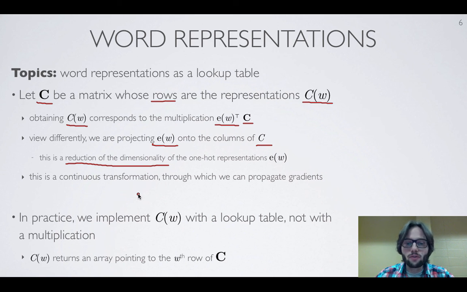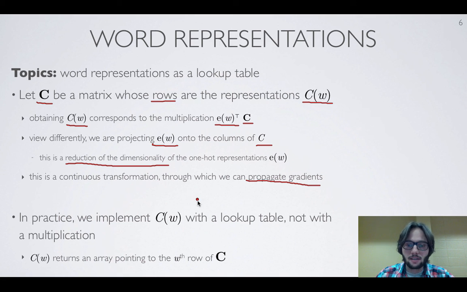And also, if you view this process of providing a word representation for a word w as just this linear transformation, then it becomes more obvious why it is that we can actually propagate gradients and train this matrix C. It's just a linear transformation of some original vector representation of the words. And much like the other matrix multiplications we do in the neural net, we have no difficulty backpropagating gradients through these vector multiplications.